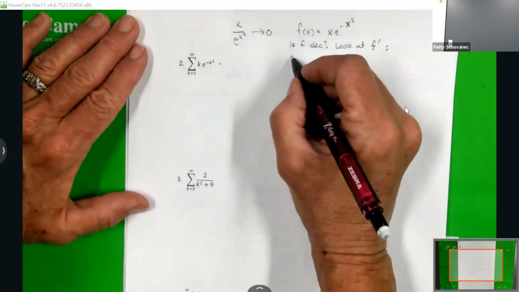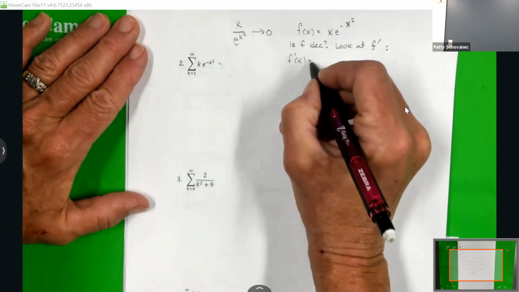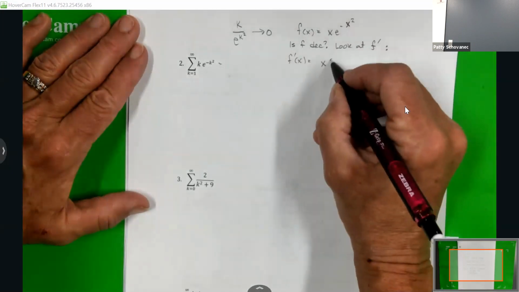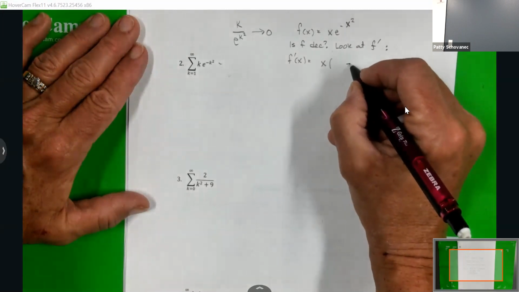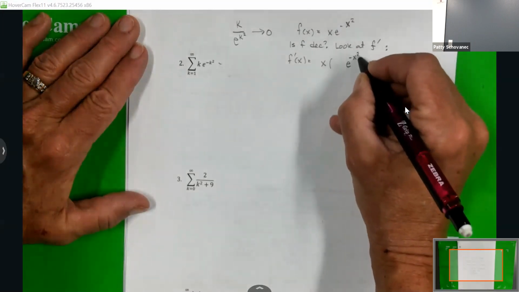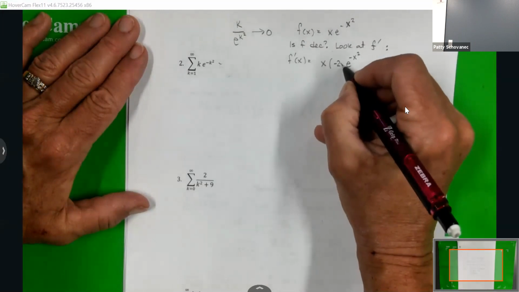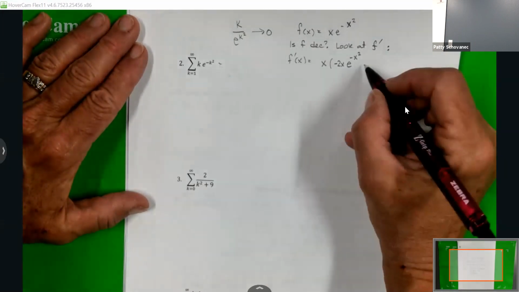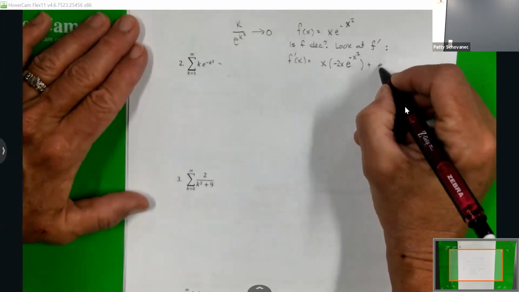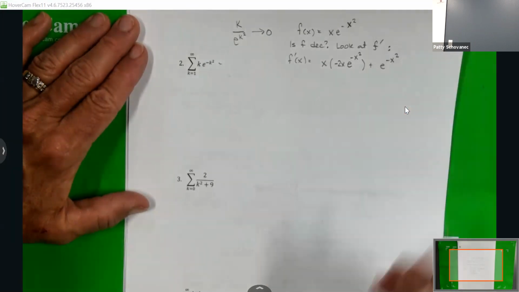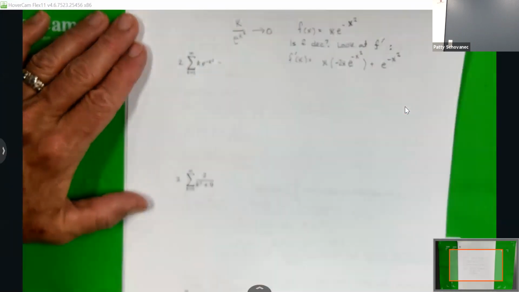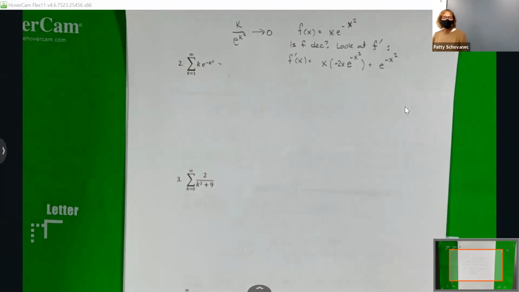Do product rule. F prime of x is the first times the derivative of the second. The derivative of e to a power is itself times the derivative of the power. And then the other way, the second times the derivative of the first, and the first term is just x, so its derivative is going to be 1.